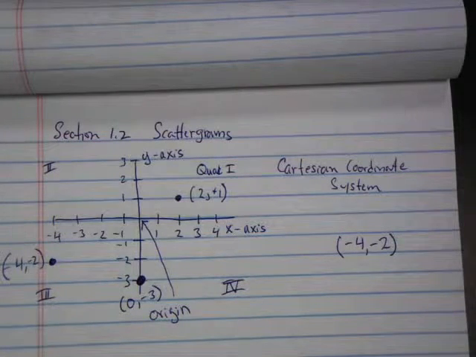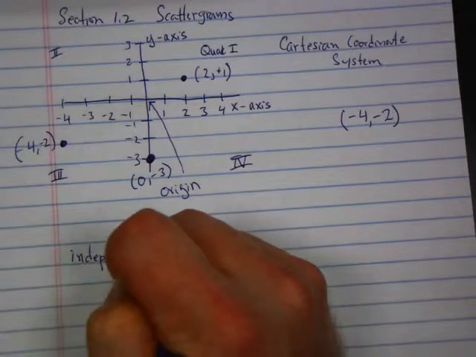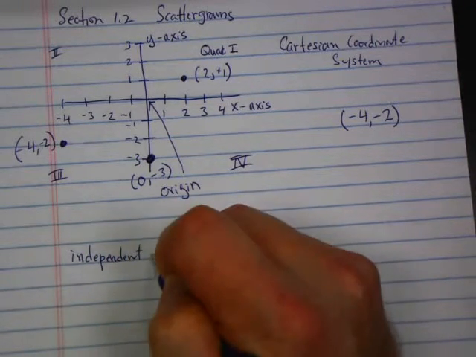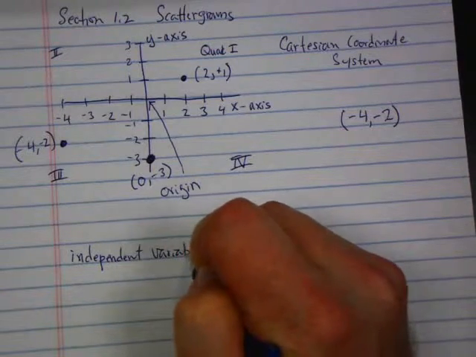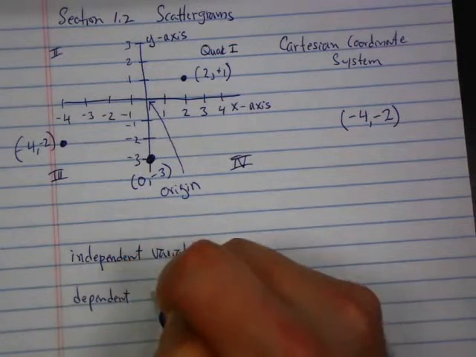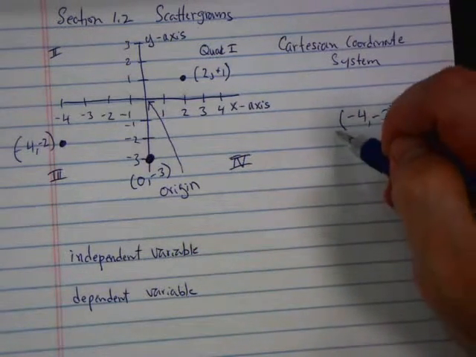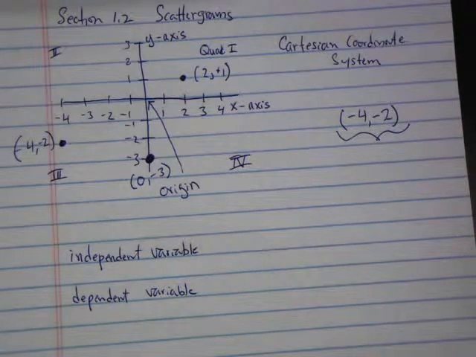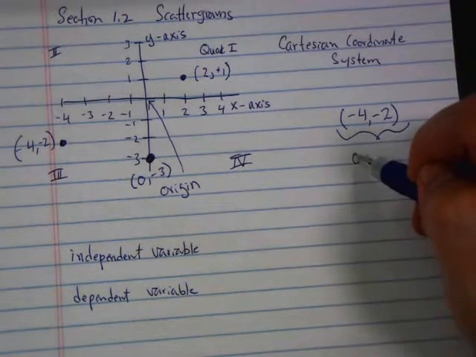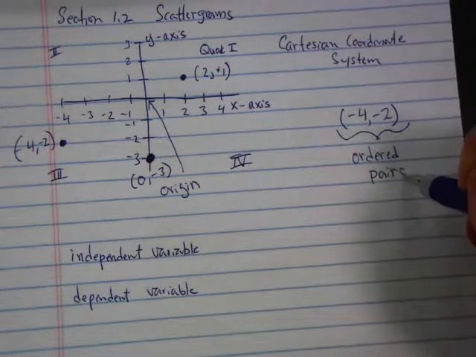Okay. The next thing we need to talk about for a second here is something called the independent variable and the dependent variable. Oh, I do have one other question back to these things. There's a name for something like this, besides just a point. They're also called ordered pairs. Why would we call them ordered pairs?